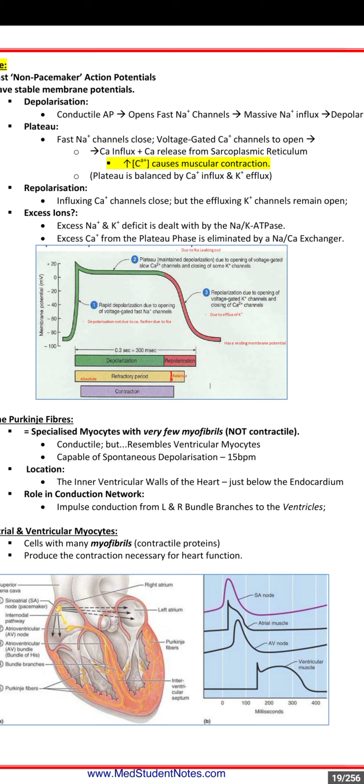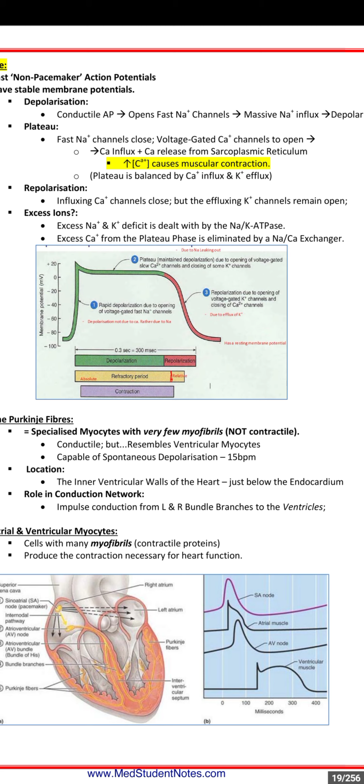In the plateau phase, the fast sodium channels close and voltage gated calcium channels open. So the calcium influx plus the calcium release from the sarcoplasmic reticulum causes muscle contraction.